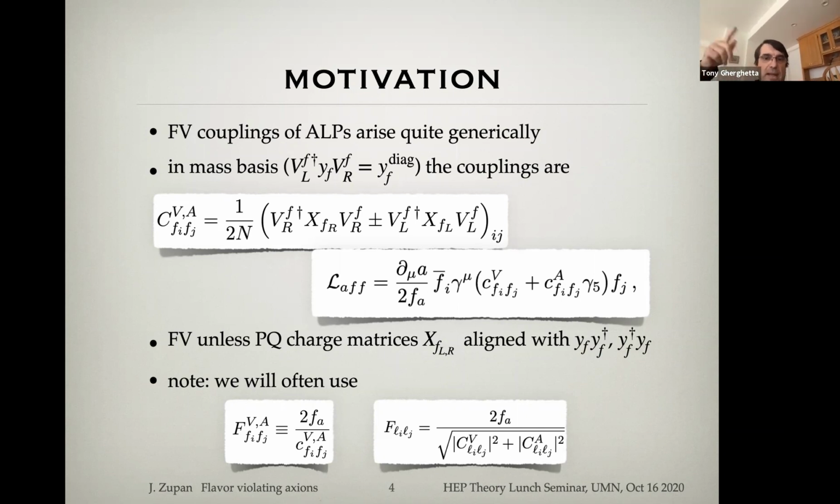I can do a rotation on the fermion. From the bottom up, we're already below electroweak symmetry breaking, so you really want to think that I'm already in the mass basis when I write this.